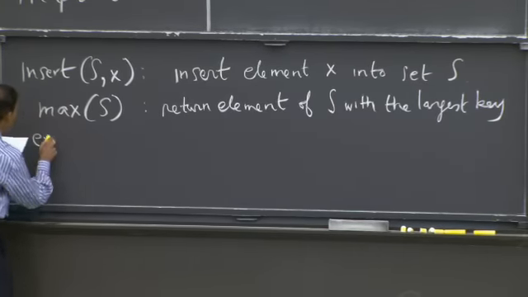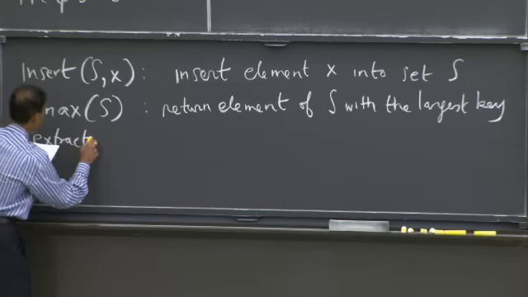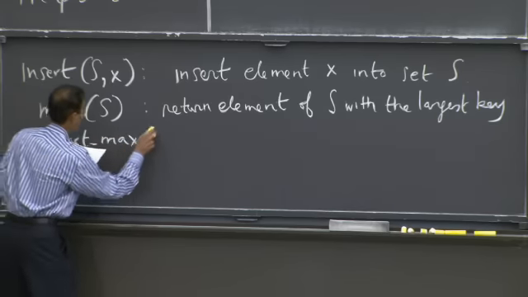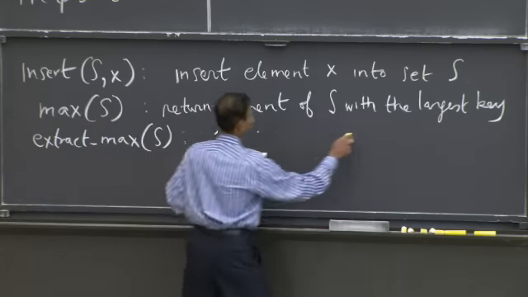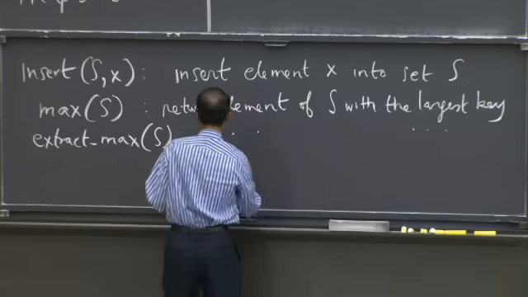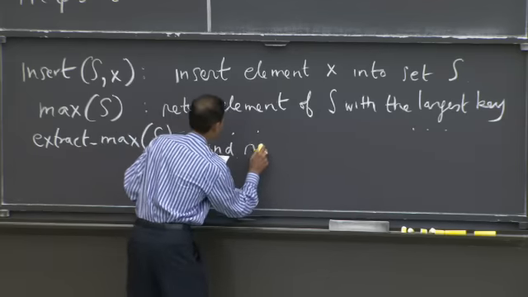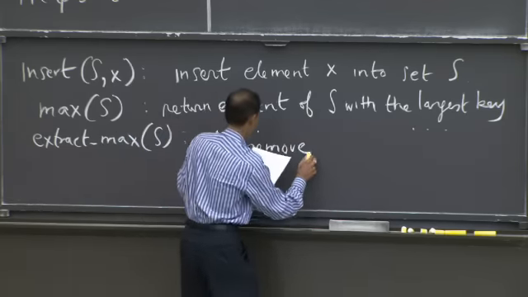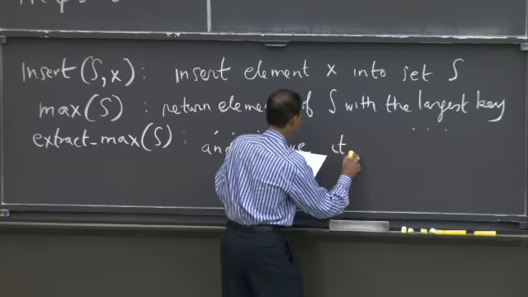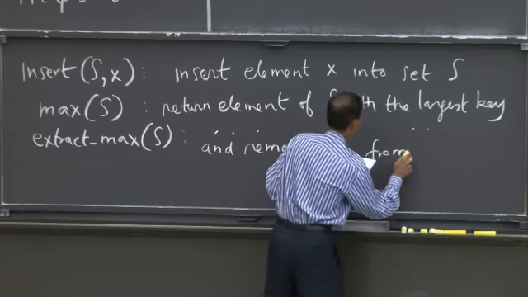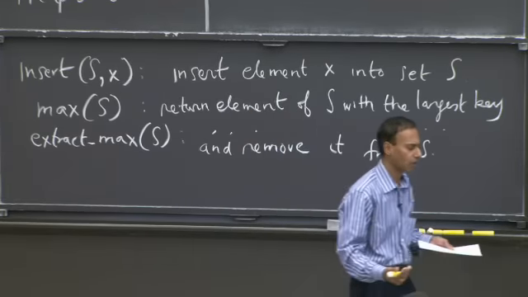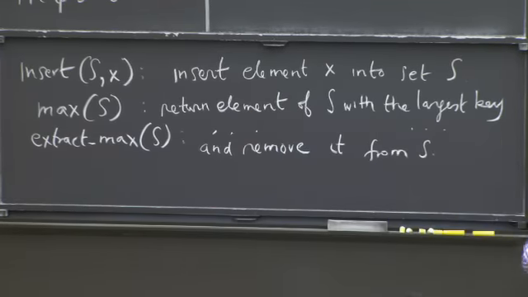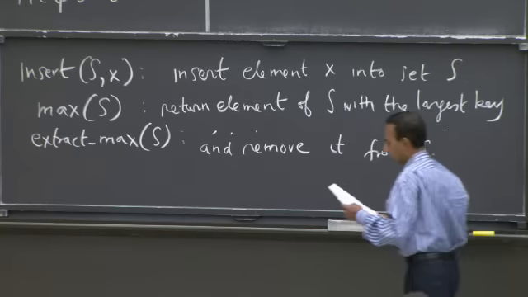And different from max(S) is extract_max(S), which not only returns the element with the largest key, but also removes it from S. So you have a queue, and the element in the queue was serviced and then removed from the queue.